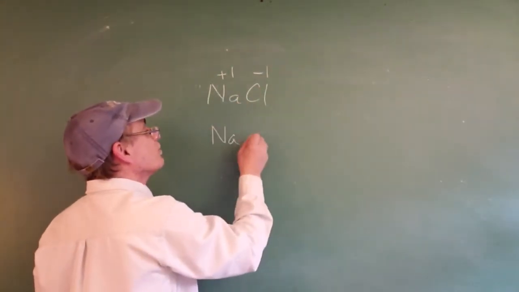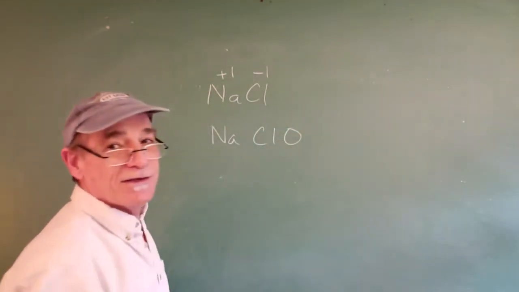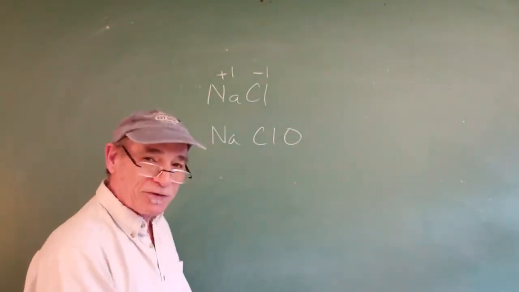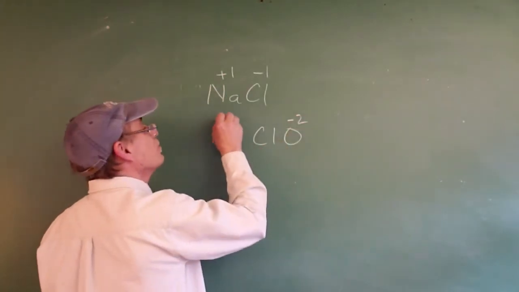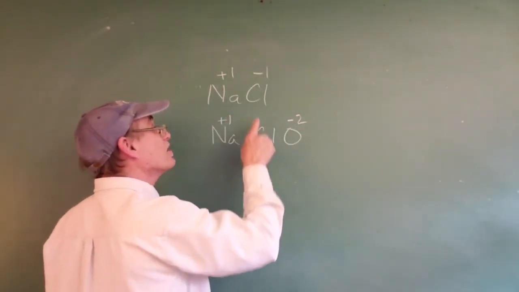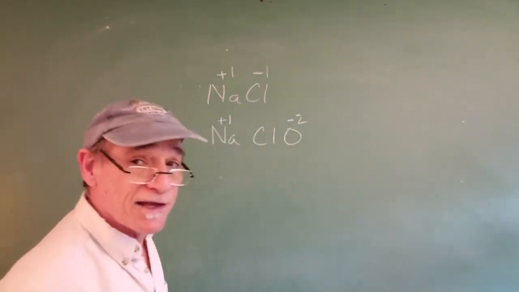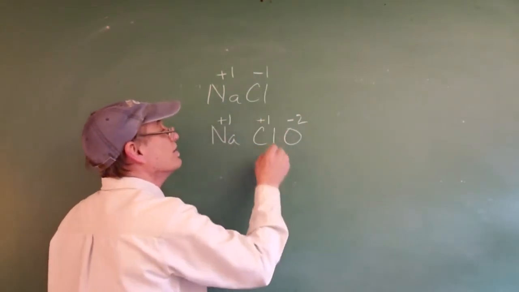But when you put sodium in the compound sodium hypochlorite with an oxygen in here, it turns out the oxygen beats out the chlorine for the electrons and becomes the -2. The sodium can't do anything but be +1. This forces the chlorine to not do what it normally would like to do, and that's gain an electron. In this case, it loses control of an electron to the oxygen.